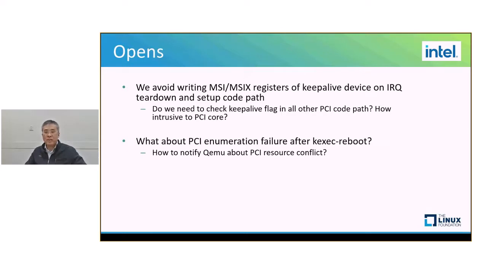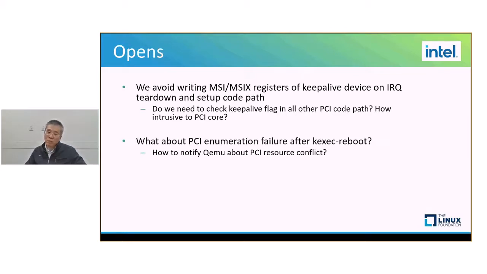We check device Keepalive flag in MSI, MSIX, IRQ setup and tear down code paths to avoid clobbering hardware MSI, MSIX registers. Do we want to check the Keepalive flag in all PCI core code paths, since we already introduced this flag? Would that be too intrusive to PCI core code?